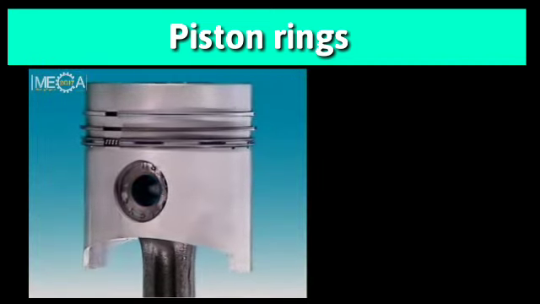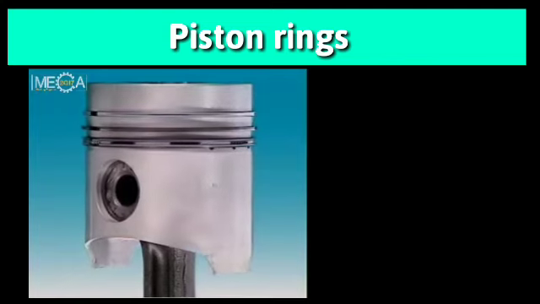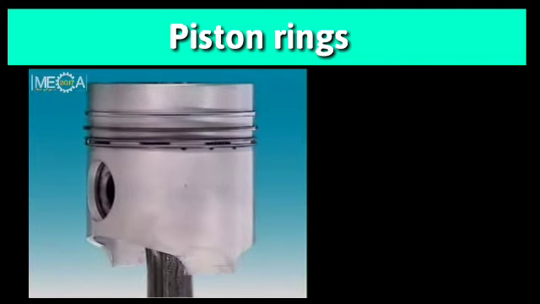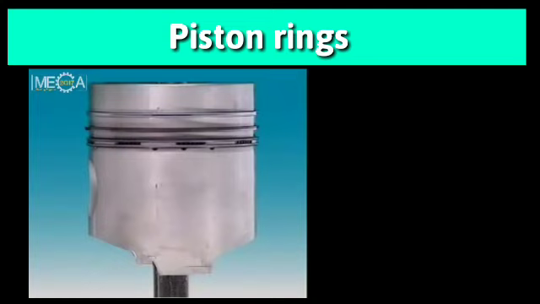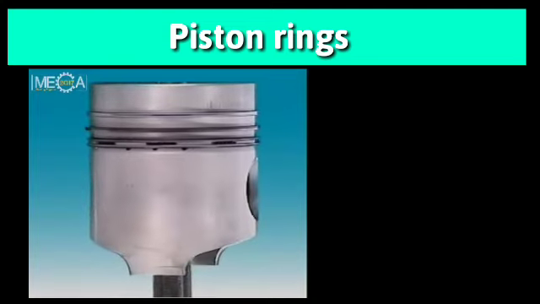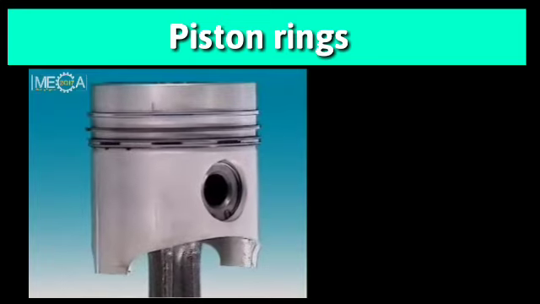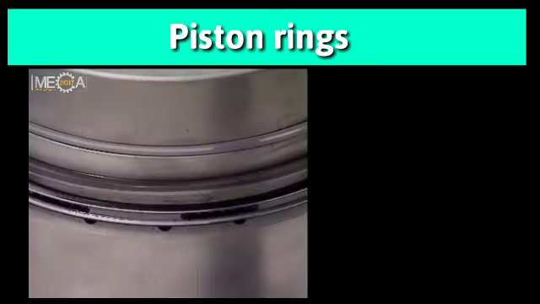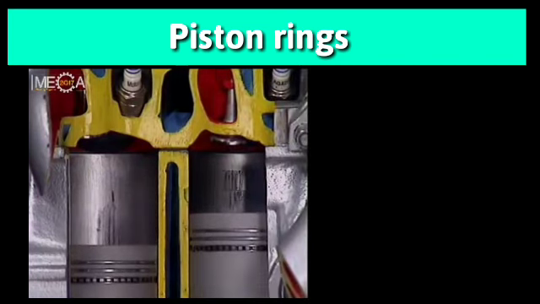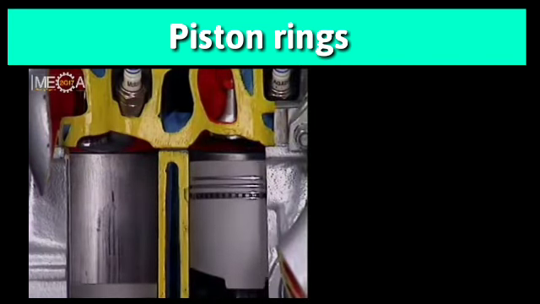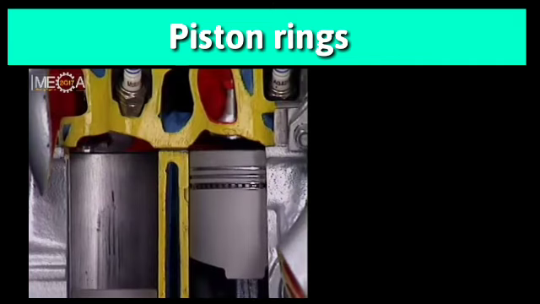As you can see, the topmost ring is exposed to the combustion chamber and hence to very high temperature. That is why the material of the top ring should be of different quality than the material of the other rings.